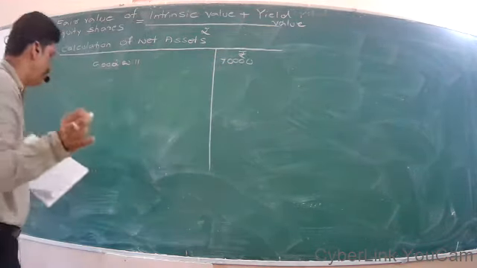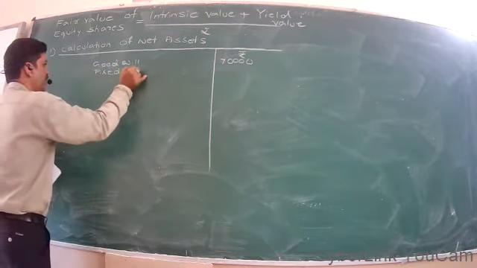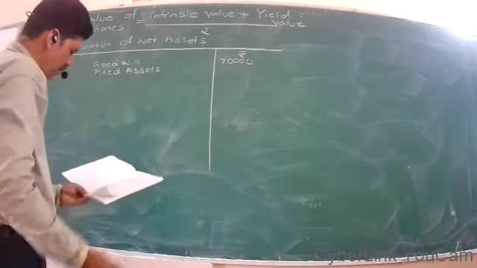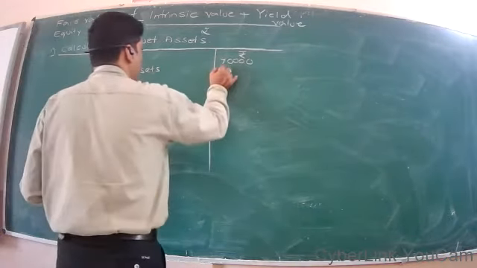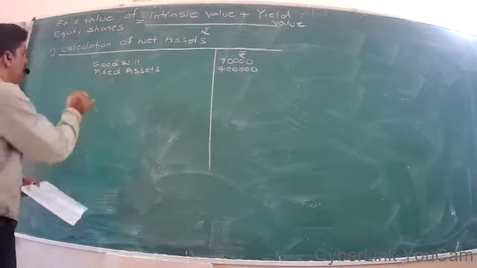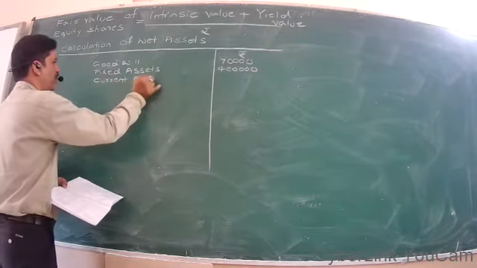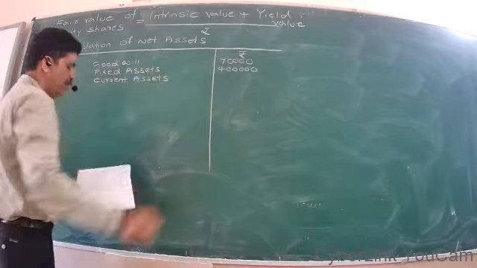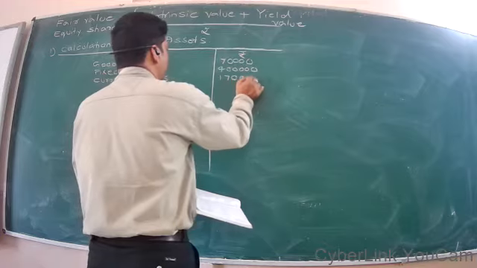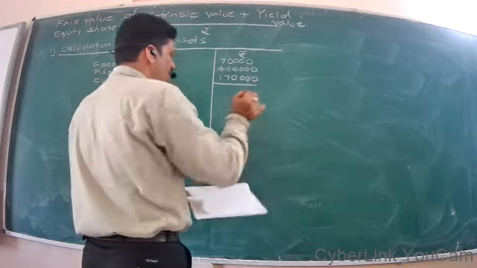Next, fixed assets: 4 lakh. Then current assets: 1,70,000.